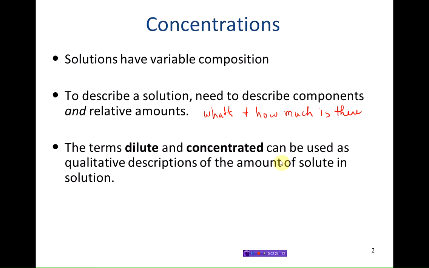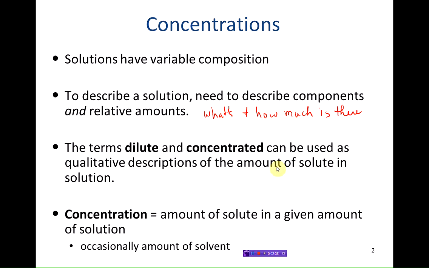And when we use the terms dilute and concentrated, those are very qualitative terms. And so it's nice to have more quantitative descriptions of those concentrations. A concentration is the amount of solute in a given amount of solution. So make sure you remember those terms, your solute and your solution.